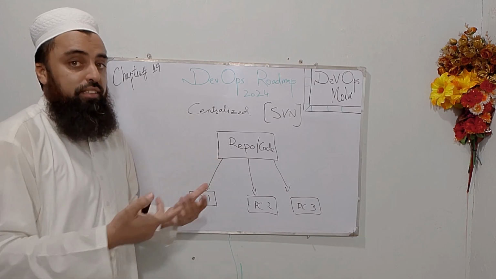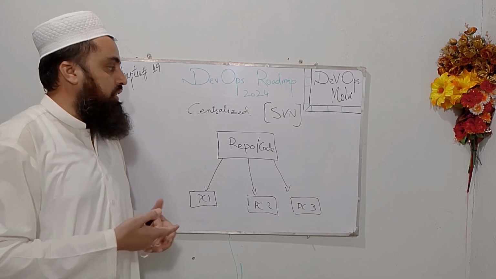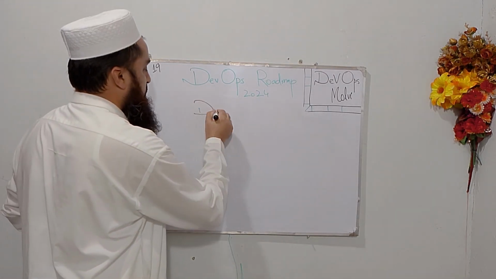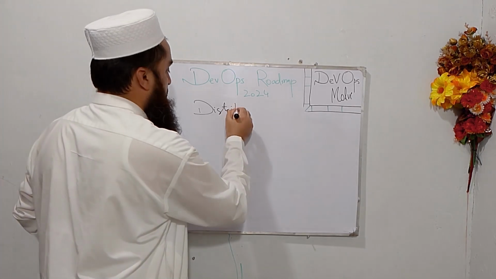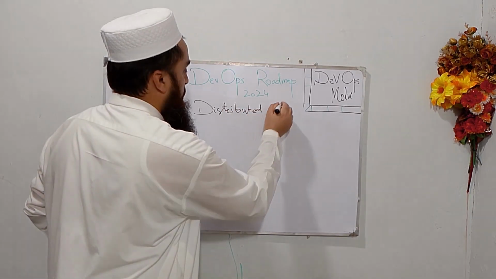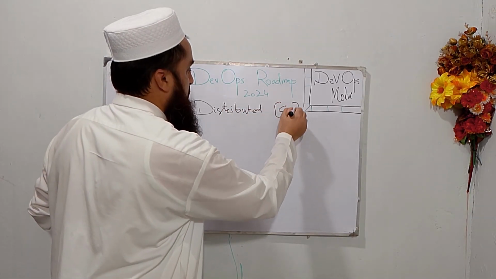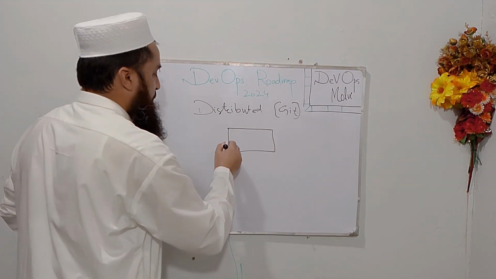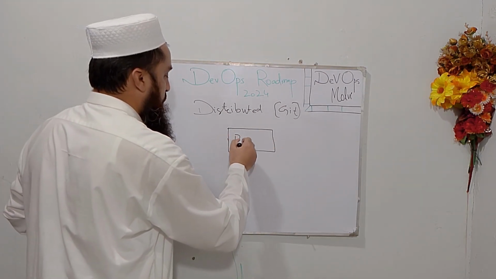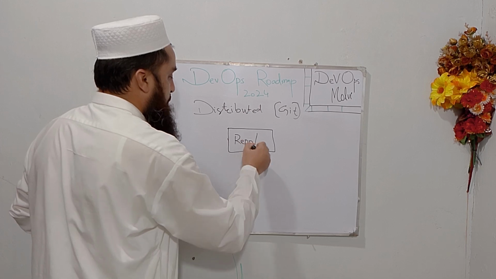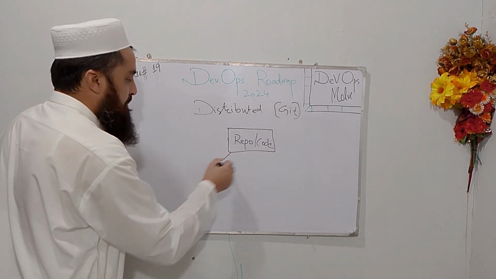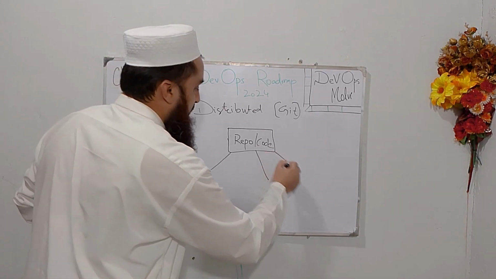Now let's discuss the distributed version control approach. In distributed version control, Git is the best example. We have this repository, or our project repo code, and we will have multiple copies of that code.